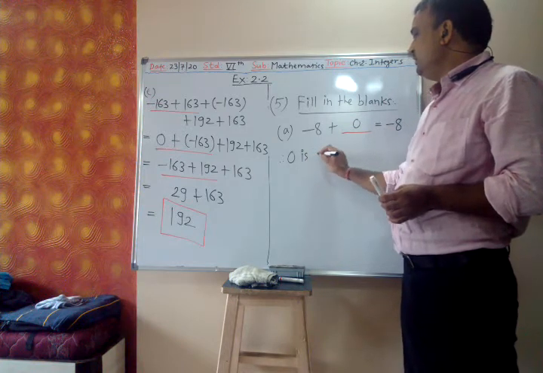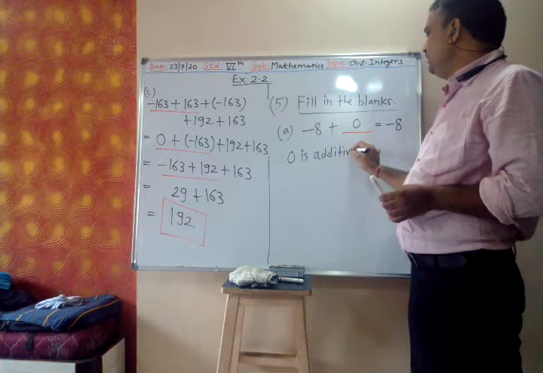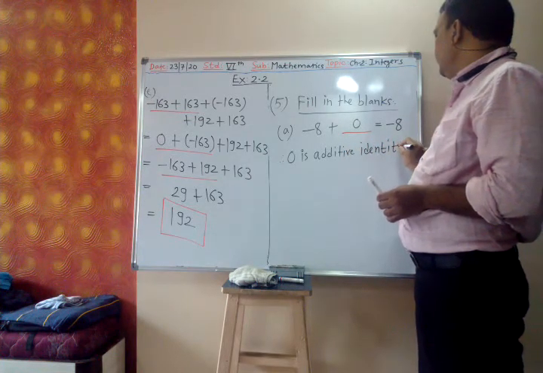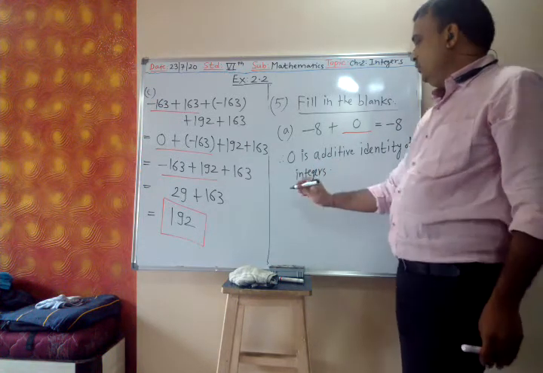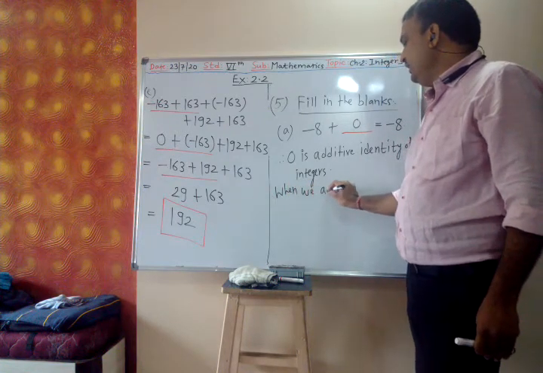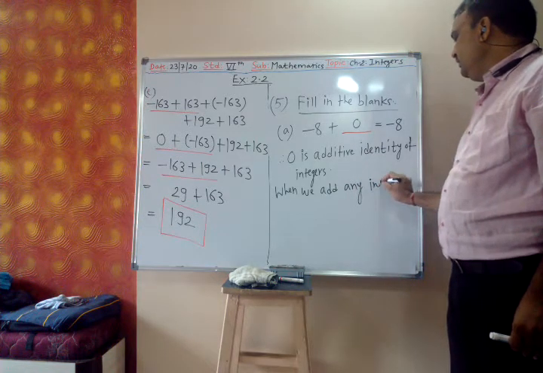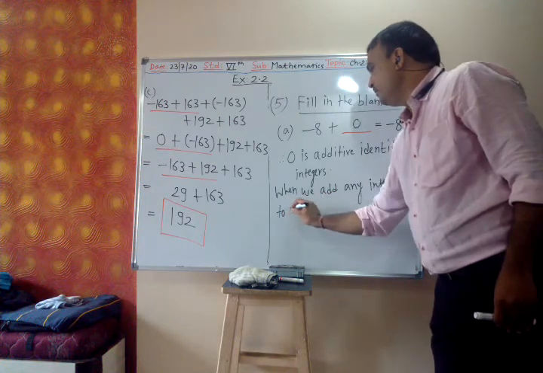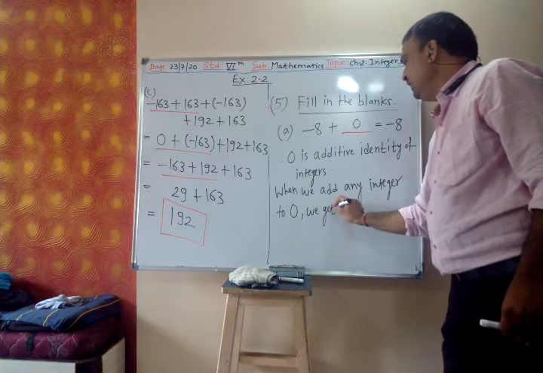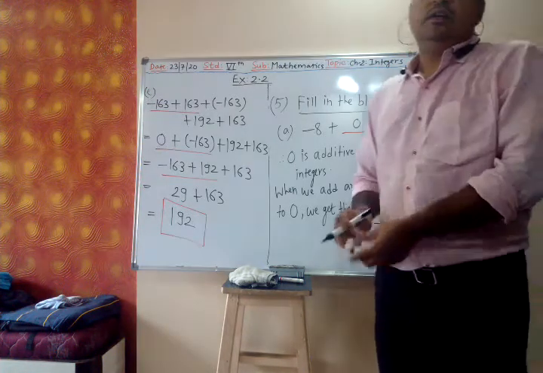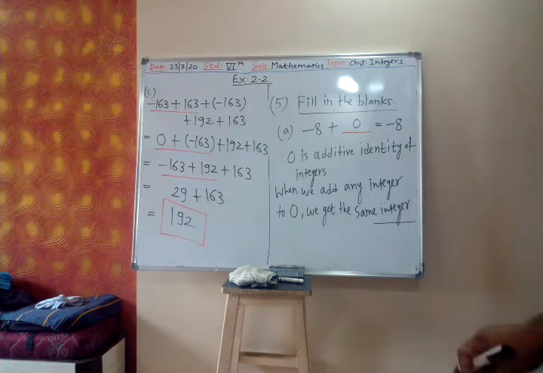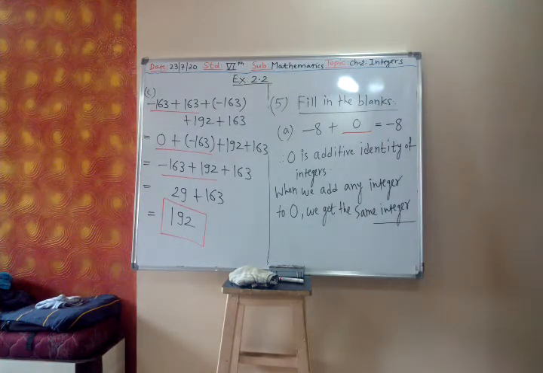0 is the additive identity of integers. When we add 0 to any integer, we get the same integer, because 0 is the additive identity.